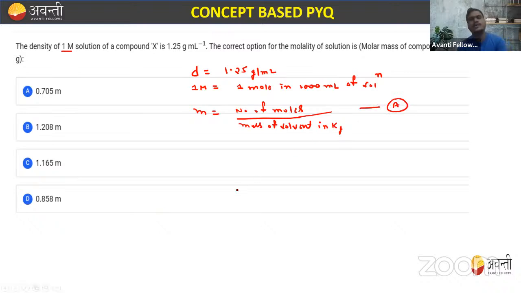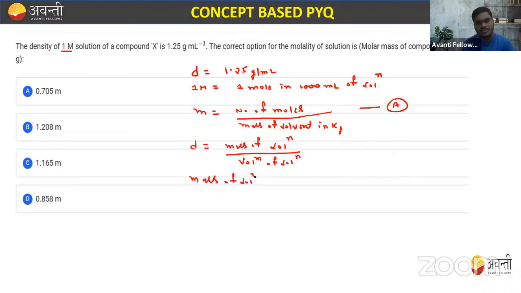So we know the number of moles, that is 1 mole. But how will you calculate the mass of the solvent, right? So mass of the solvent we calculate by using the density concept. So density is equal to mass of solution divided by volume of the solution. So we can calculate mass of the solution from this.